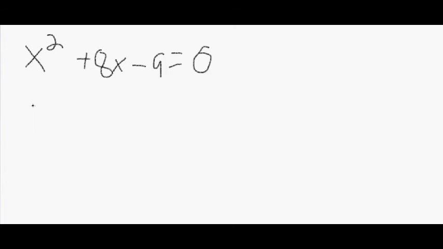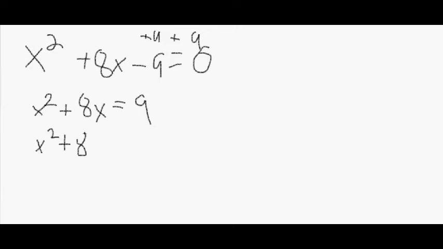So pay attention. We want to get everything equal to 9. We want all the x's on one side. So we'll have x squared plus 8x equals, we're going to add 9 to both sides, equals positive 9. Now, what we're going to do is make a binomial after these x squared. So we're going to have x squared plus 8x plus a number equals 9 plus a number.